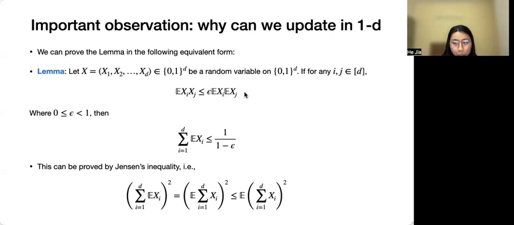And again, we can bound the sum of the expectation of Xi times the expectation of Xj by the square of the sum of the expectations of Xi. Now, after we get this, we see that our conclusion, the sum of the expectations of Xi, is less than or equal to 1 over 1 minus epsilon.